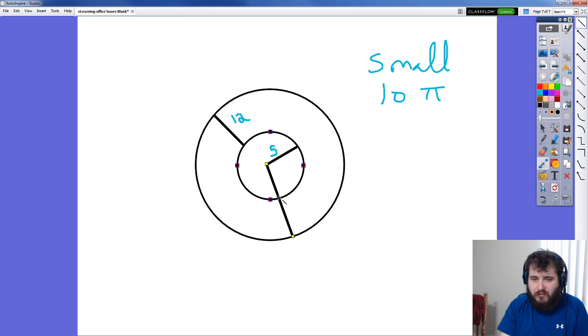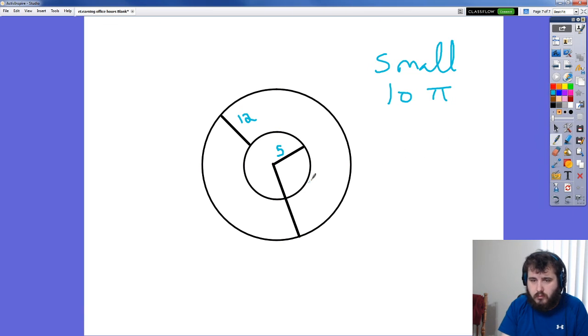Well, I know what this piece is, and I know what this piece is. What's the whole radius? The whole radius is 5 and 12, which is 17. That's the radius of the outer one. So the diameter is 34.